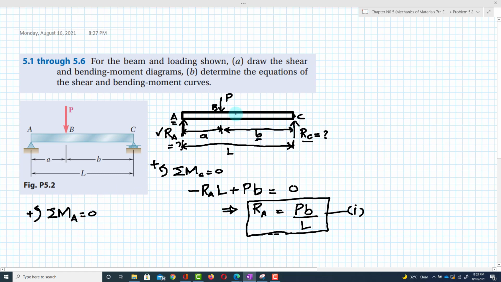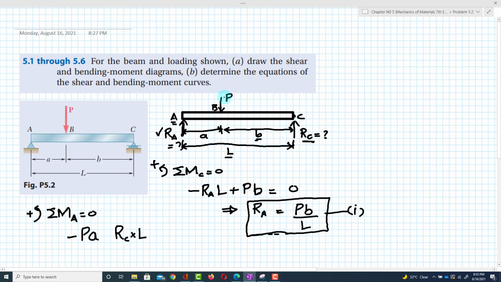One force that will tend to create a clockwise rotation is P into perpendicular distance A, and it will be negative because it rotates in the clockwise direction. The second moment is due to RC, the reaction force at point C, into perpendicular distance L.